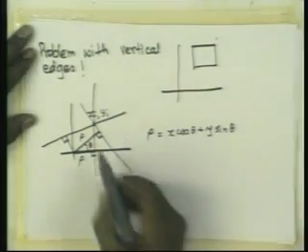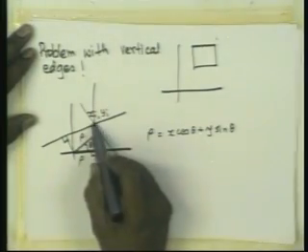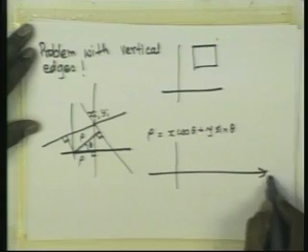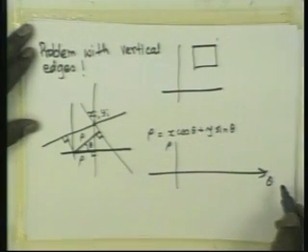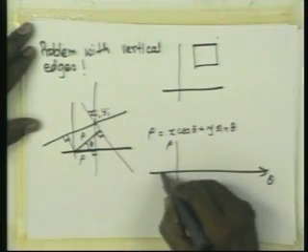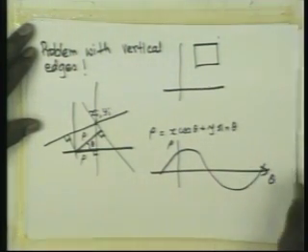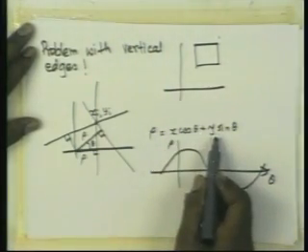So what this means is that, given a particular point, in the rho, theta parametric plane I am going to have a sinusoidal curve, depending on the values of x and y.